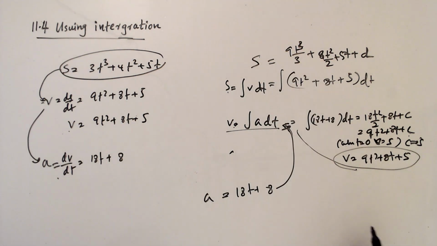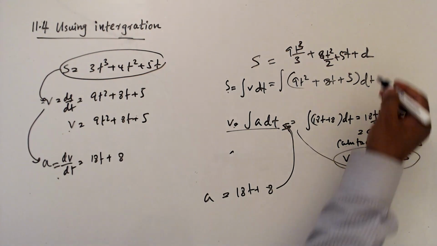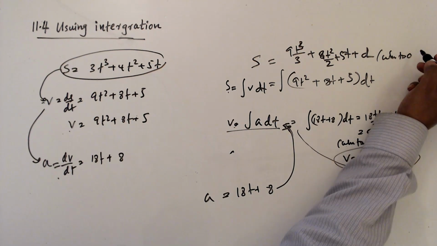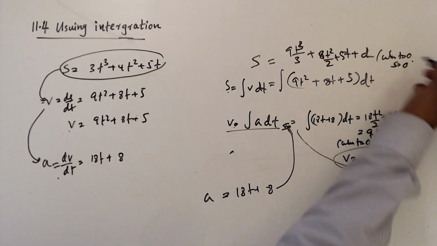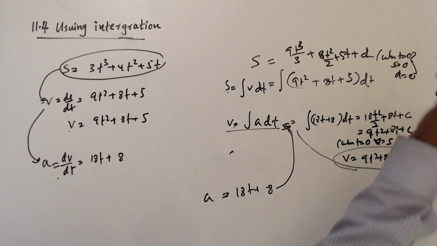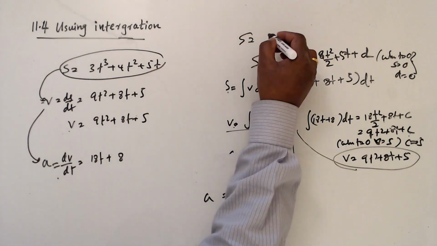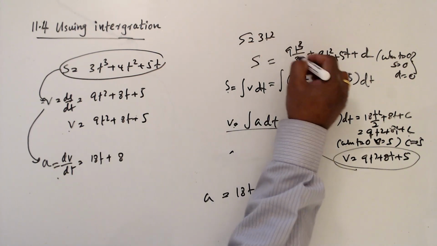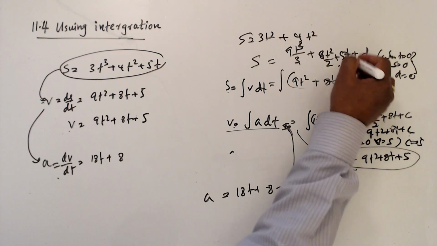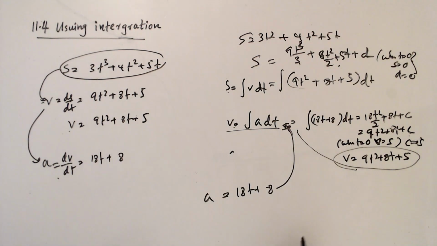So now I got s. I have to give the initial condition: when t equals 0, s equals 0. Then from here we will get d equals 0. Then s is going to be 3t cube plus 4t square plus 5t.